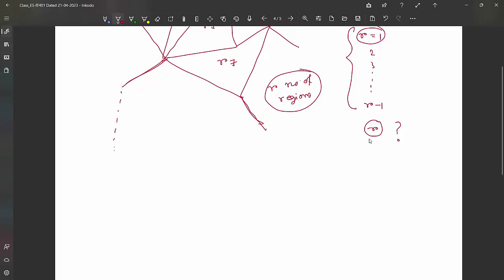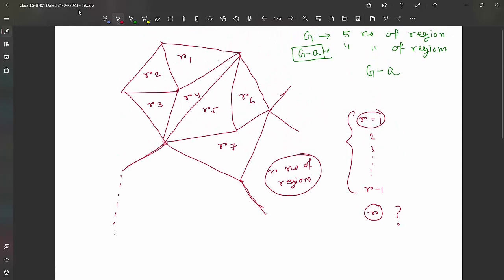Now take any one of the cycles from here. There are so many cycles, like this is one cycle, this is another cycle, this is another cycle. Take any one cycle and take any one edge of that. Suppose this is the edge, you take that as your edge.